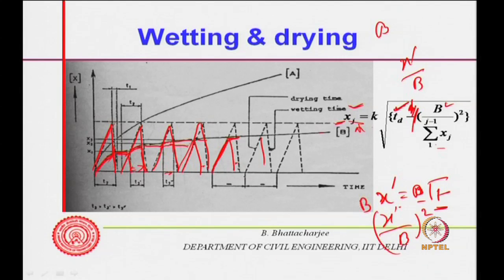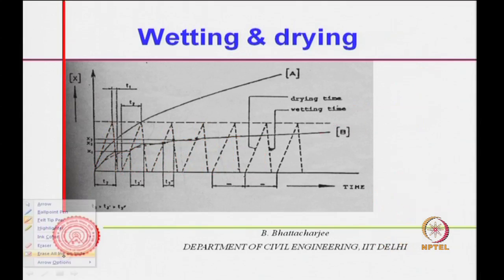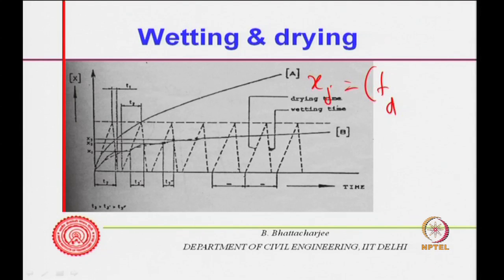Actually, let me write this out clearly. x_j is equal to T_d, where T_d is the drying time, that is this period, which is constant for all wetting-drying cycles, the time in every cycle during which the moisture condition is conducive. Now, if you look at x dash, that is the moisture penetration depth, B under root T.